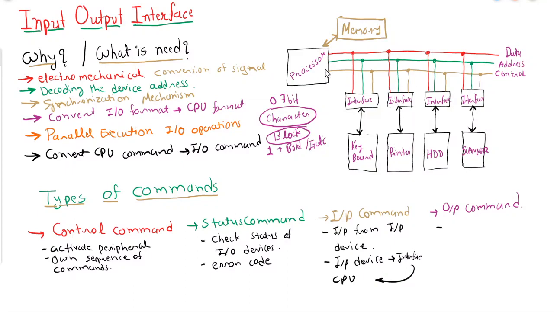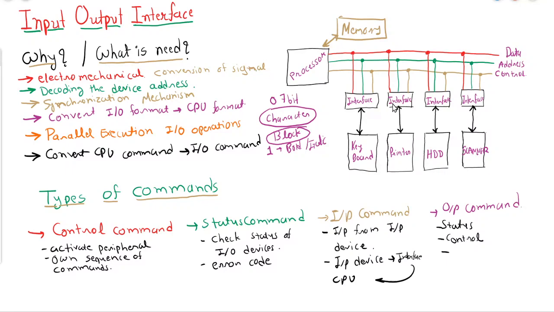It will initially send the status command to check whether the device is available or not. If the device is available, it will send the control command, which will send certain control signals to the input output device.